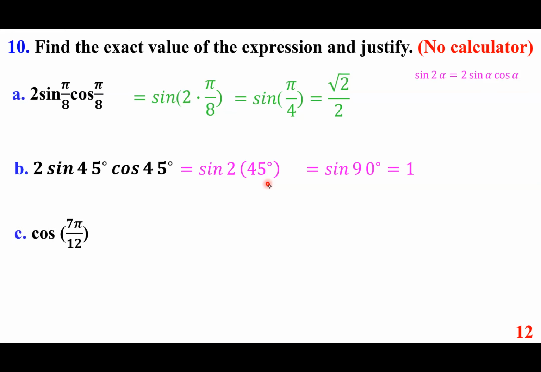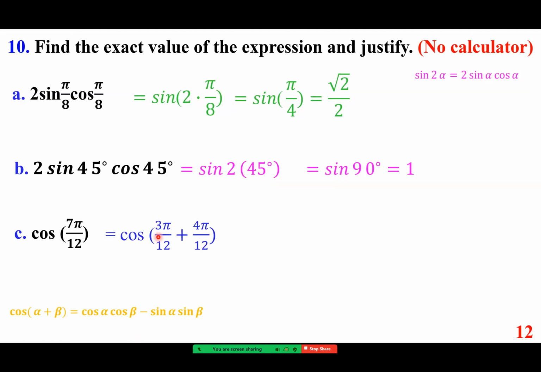Cosine of 7 pi over 12. Well, we can write it as cosine of alpha plus beta, 3 pi over 12 and 4 pi over 12. 3 pi over 12 is pi over 4, and 4 pi over 12 is pi over 3.